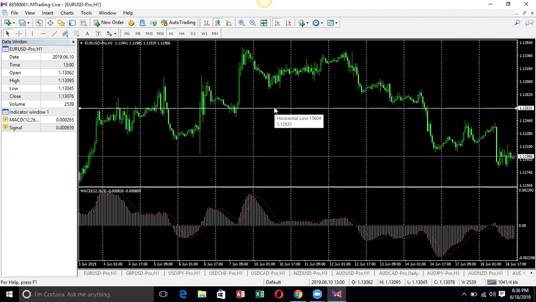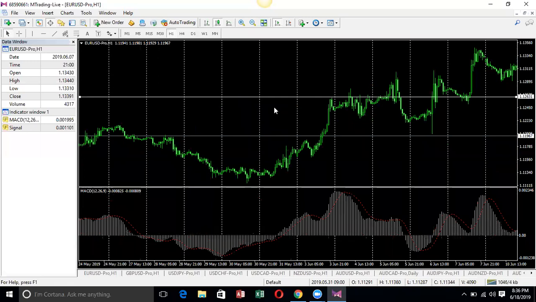So let's look for a situation of a sell example here.